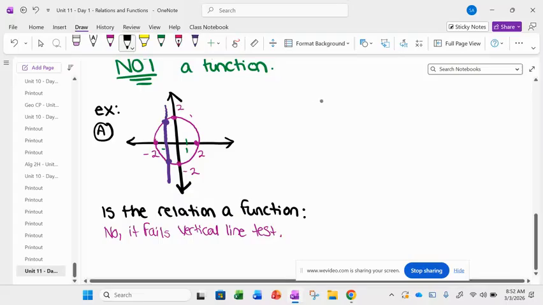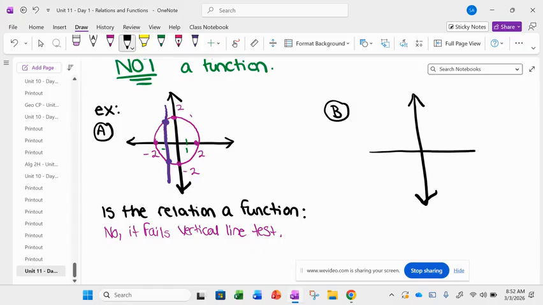So that was A. Now let's see this one. So just the line y equals x. Is this relation a function? Yeah, because it passes the vertical line test.